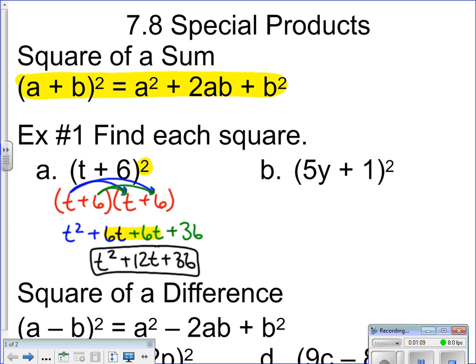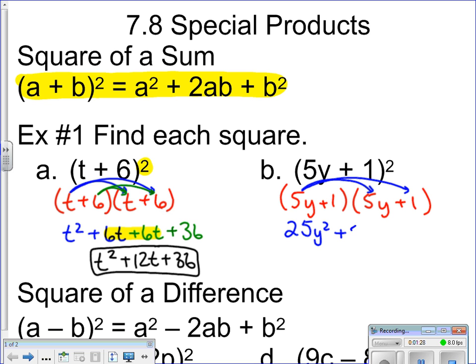So, before I solve B, you should pause and try this on your own. Five y times 5y is 25y squared. 5y times 1 is 5y. 1 times 5y is another 5y.